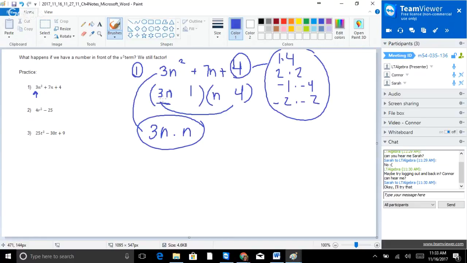I probably want to multiply 3 times 1 or 3 times 2, because I'm trying to get to 7 and I don't want to get to 12. So not that. Sometimes it's just trying. If I try 2 and 2, then my outside is 3 times 2 is 6, plus 2 more is 8. Ugh, don't like that.